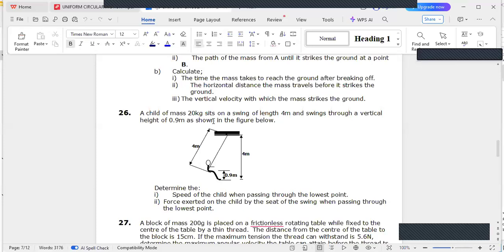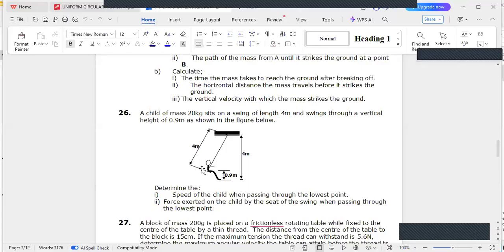Remember, this child is 0.9 meters up, so he has some potential energy. Of course you will say potential energy lost equals kinetic energy gained. As he moves down, he's gaining kinetic energy. So mgh lost equals a half mv squared.